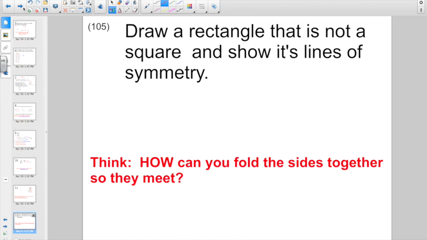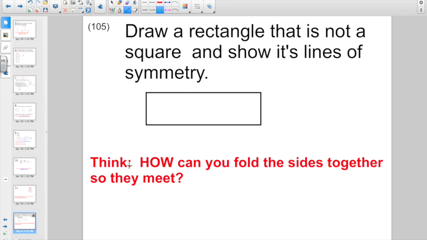Check out this one. Draw a rectangle that's not a square and show its line of symmetry. So I'm going to start off with the rectangle as long as you don't have all 4 sides the same. So now you want to think, how can you fold the sides together so that they meet?